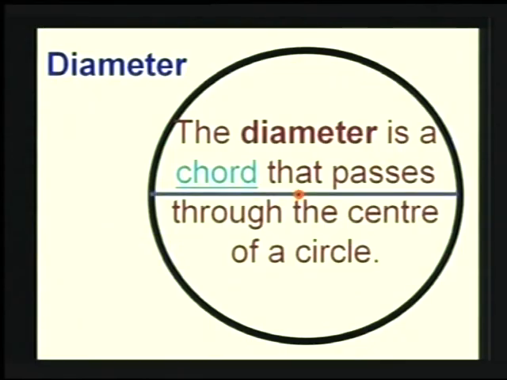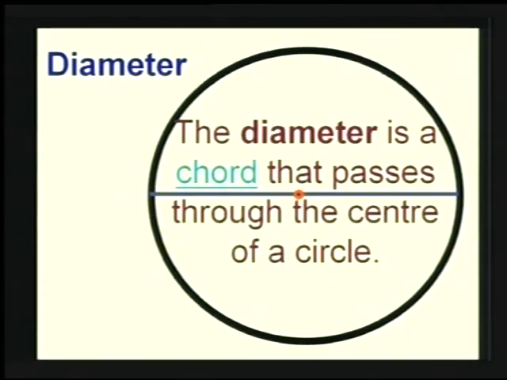Diameter is a chord that passes through the center of a circle. Don't forget, diameter is a chord that passes through the center of the circle. If that line doesn't pass through the center of the circle, then that's not a diameter. Is that clear?